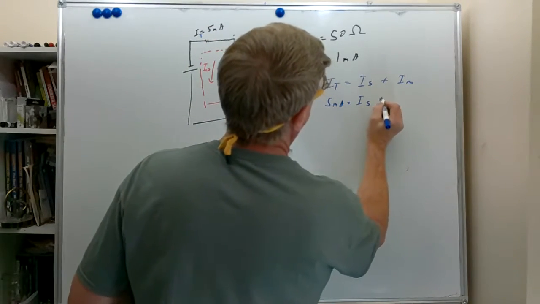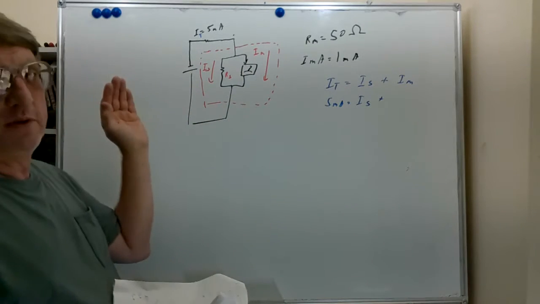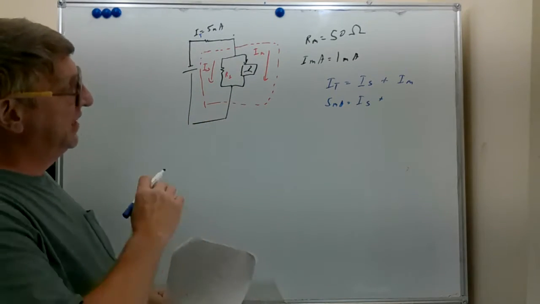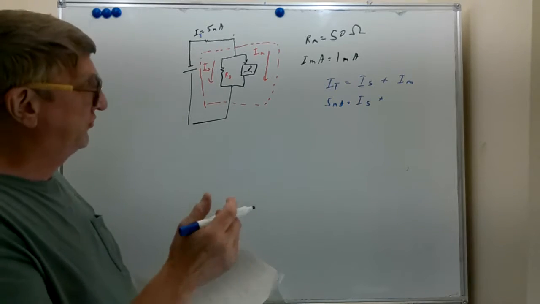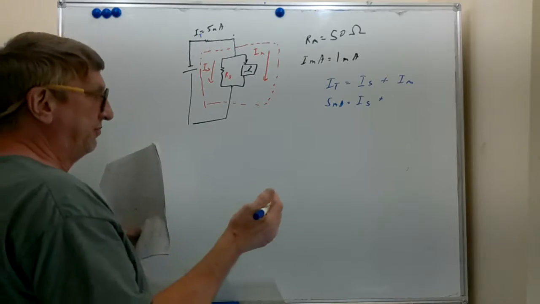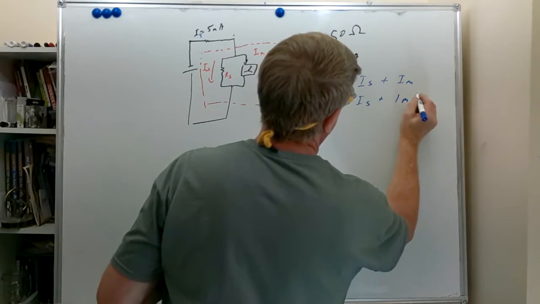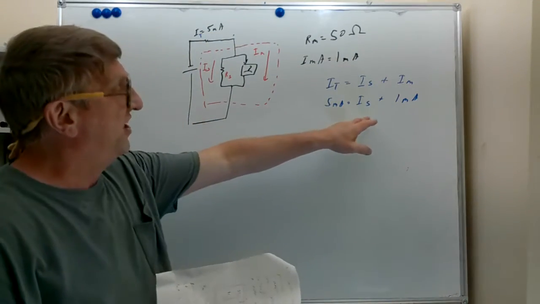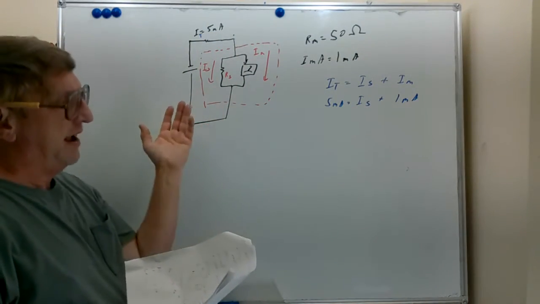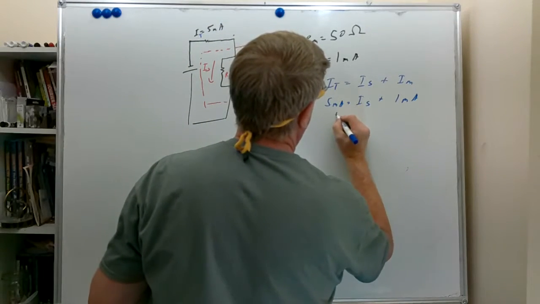We do know IM because it's a 1 milliamp meter movement, and that's what 1 milliamp will run that needle all the way to the peg, full scale deflection. And we want that to happen when we have 5 milliamps. So we want full scale deflection. So we'll have 1 milliamp here. So what is IS, the current through the resistor? Well, we subtract 1 milliamp from both sides. We have 4 milliamps for IS.